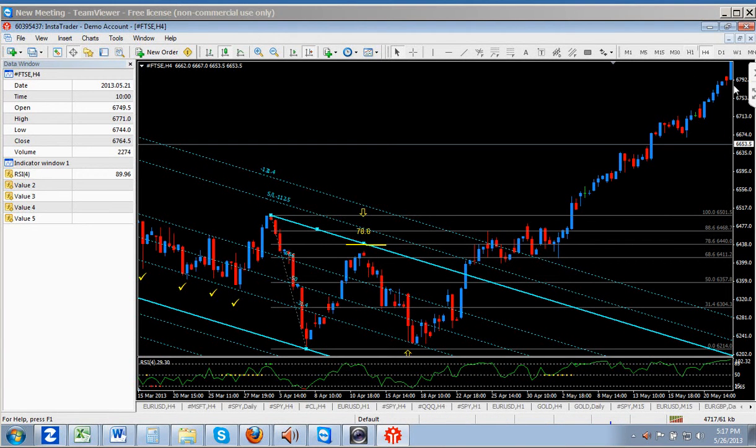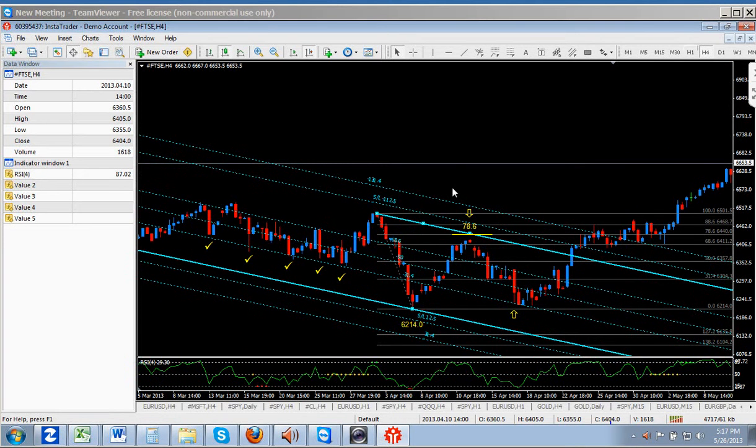Here's the FTSE for the UK participants, and a nice support level at the minus 31.4. You can see the retrace was not quite at the 78.6, but in some cases, when I align my fib channel point C to the exact location of 78.6, the market will adhere to the interior ratios thereafter.